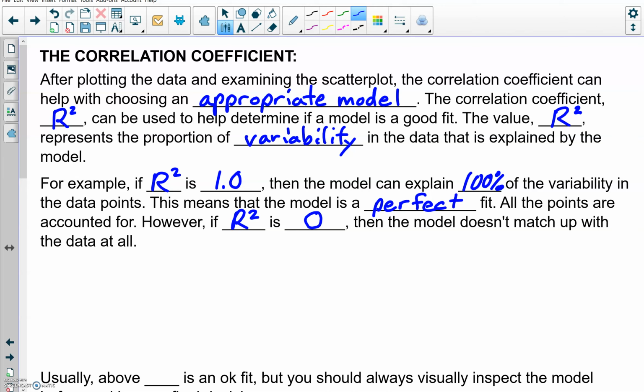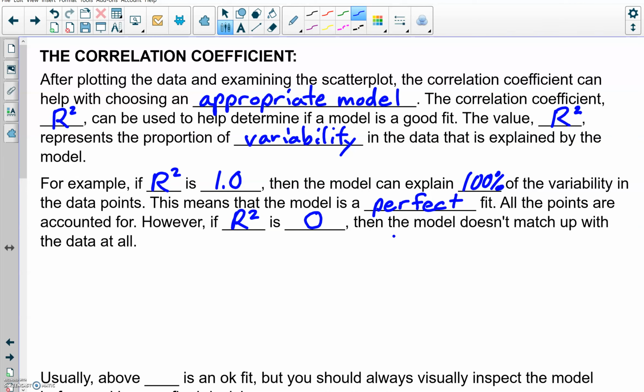None of the points are on your model's graph. Nothing is lining up, and the model does no good job really at predicting what the next point will be as you move along.